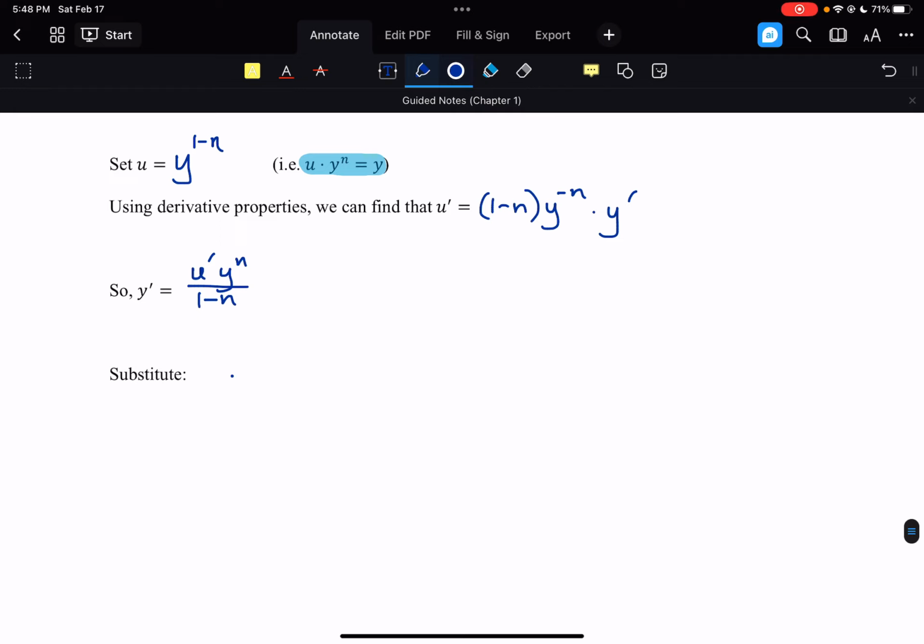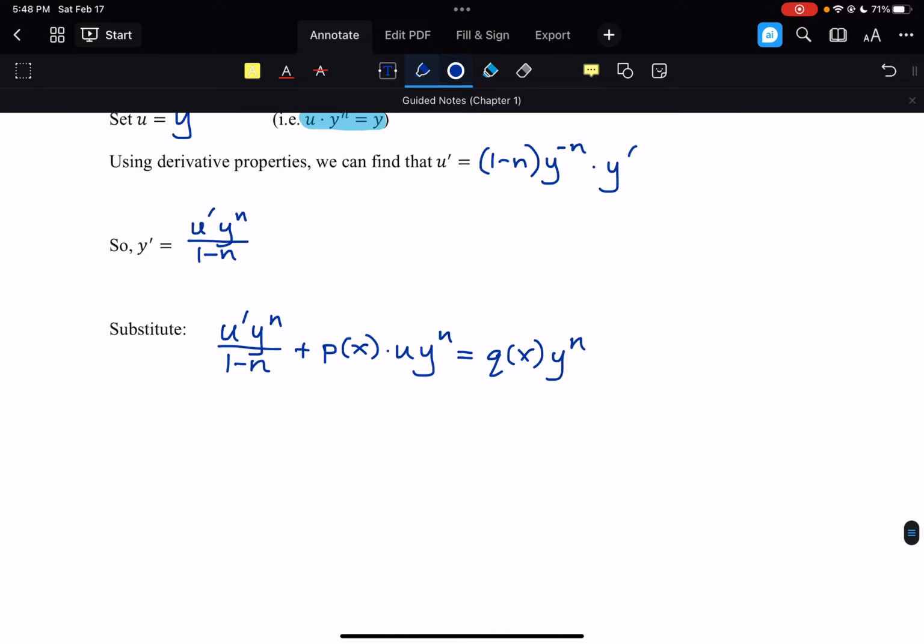So substitute in, so we get u prime y to the n over 1 minus n plus p of x times u y to the n. Okay, and again, that's this one right here, equals q of x times y to the n.